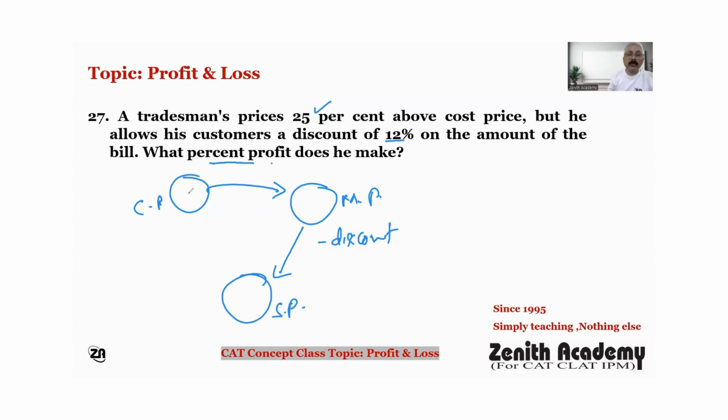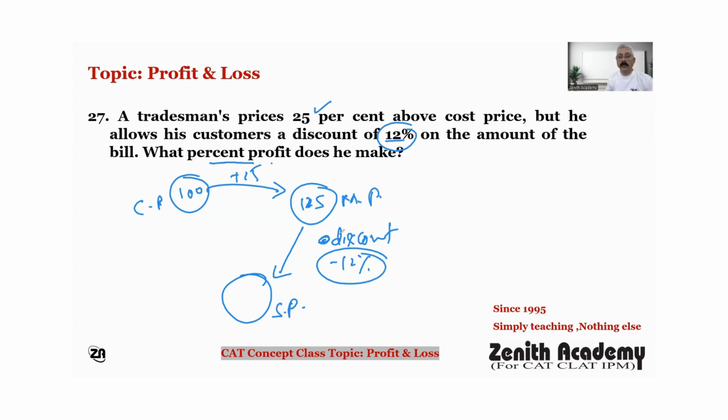Okay, so let the cost be 100, 25% above, so it is 125. 125 का 12% कितना हो जाएगा? ओके, तो 125 का 12% हो गया 15. ये 12% का डिस्काउंट है, ठीक?